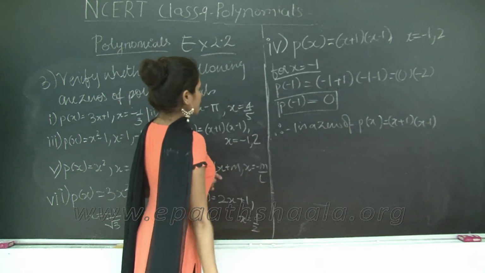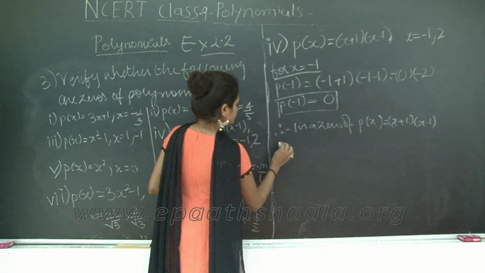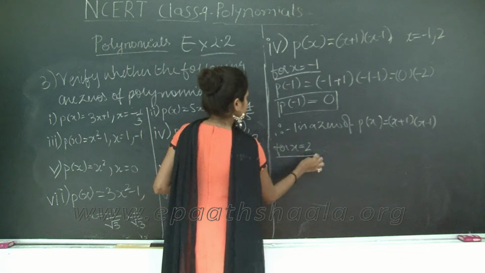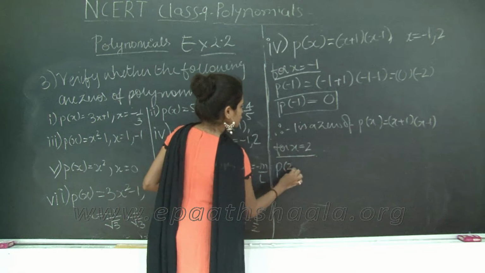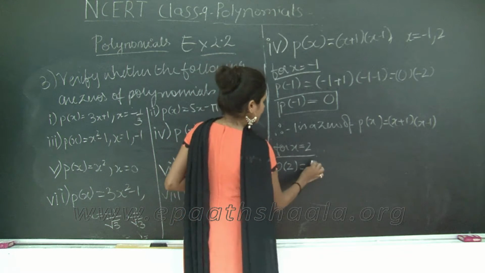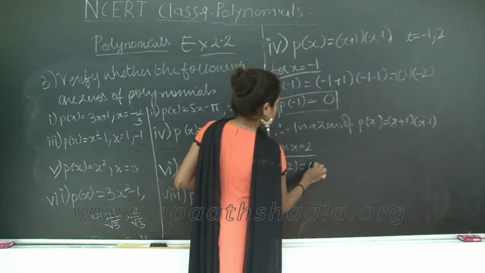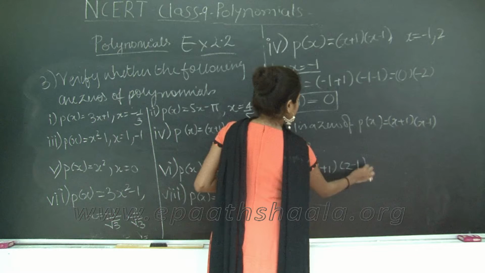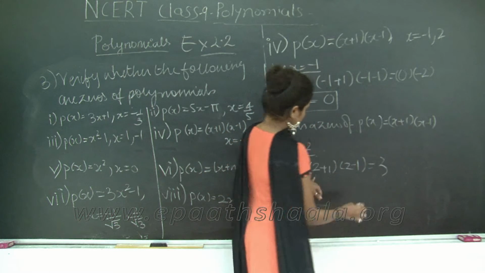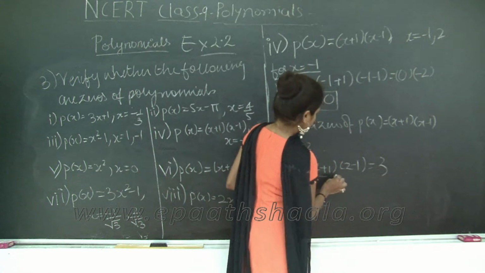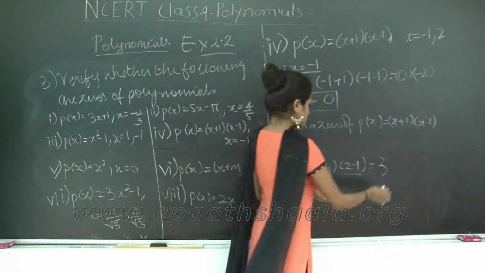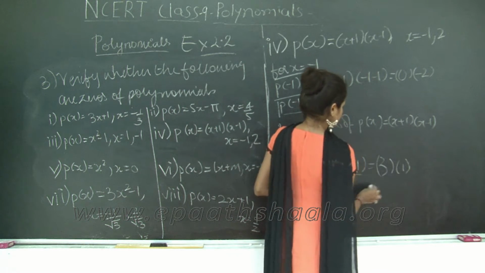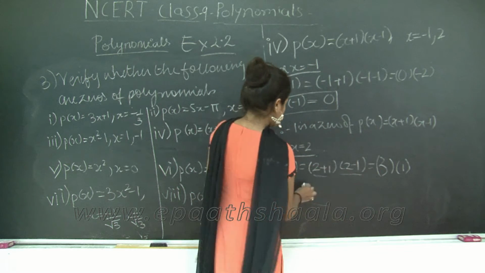Correct? Let's check for x = 2. p(2), substituting x = 2 in the above expression, you get (2 + 1)(2 - 1). Following the rules of BODMAS, I am solving what is there in the brackets first. 2 + 1 is 3, and 2 - 1 gives me 1. 3 into 1 gives me 3.